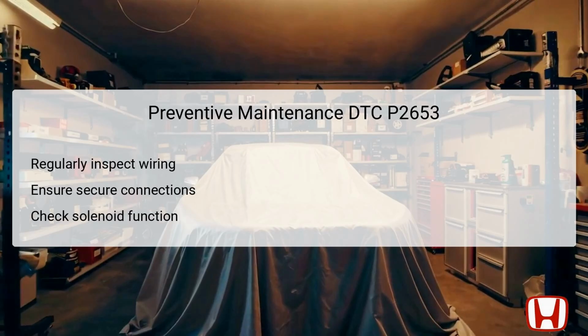Preventive maintenance is critical to avoid future occurrences of DTC P2653. Regular inspections of the wiring associated with the rocker arm oil control solenoid B can help identify potential issues before they lead to failures.